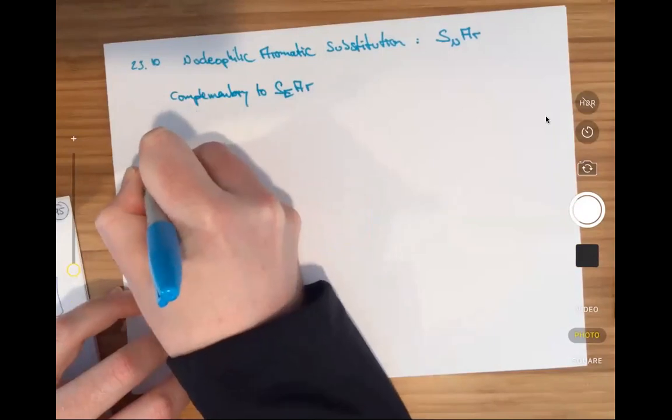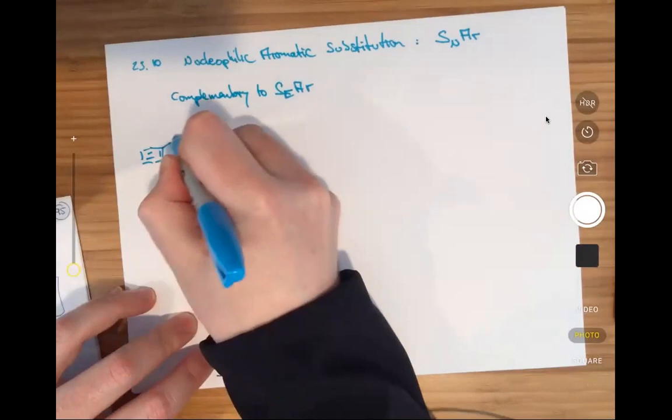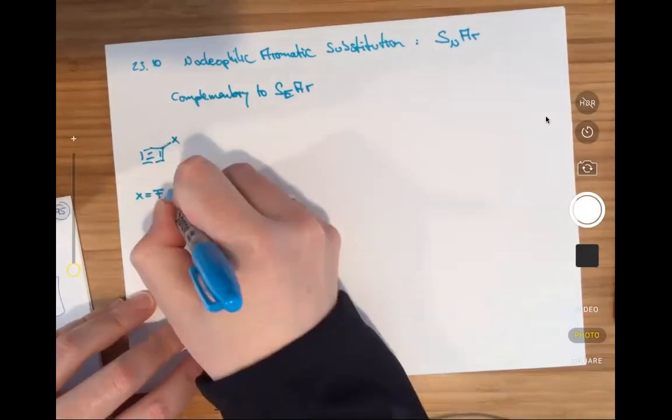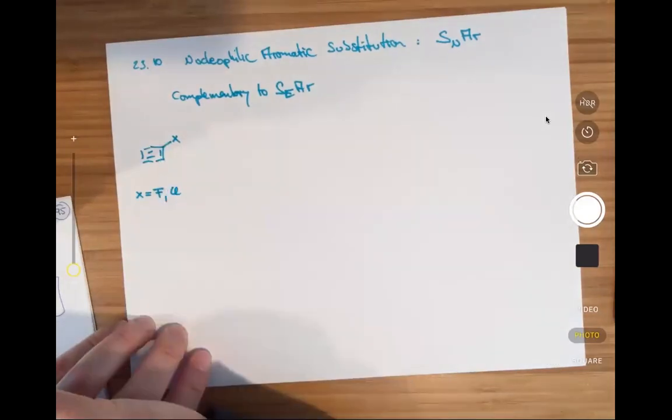And usually in order to do a nucleophilic aromatic substitution, you have to have an electron withdrawing substituent X on there. So just as a quick reminder, X is usually something like a fluoride, or less often you see chlorides. So anytime you see an aromatic ring that has a fluoride on there, your alarm bells should ring. That's probably what I'm asking for is a nucleophilic aromatic substitution.